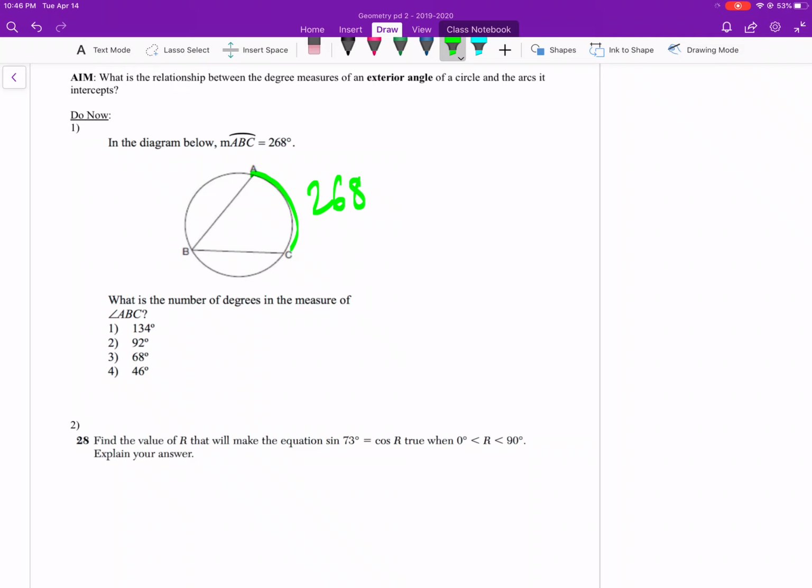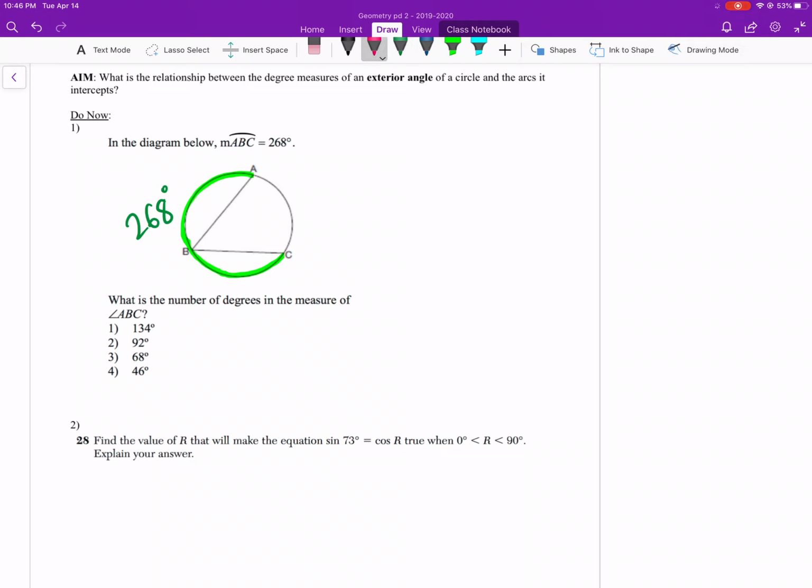We have 360 degrees in total. That arc should be way bigger. If you're determining which arc ABC is, start with A and follow it all the way around to B and then all the way through to C. So that's arc ABC, and that's what's 268 degrees.